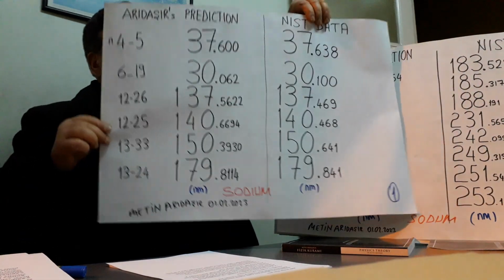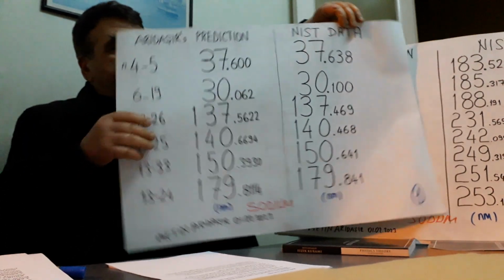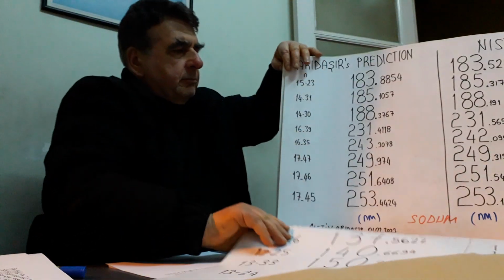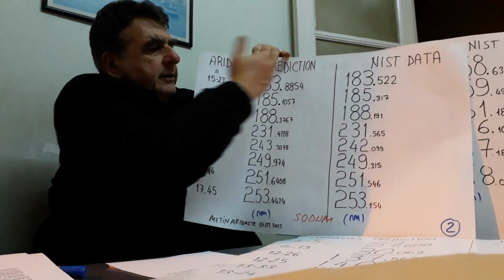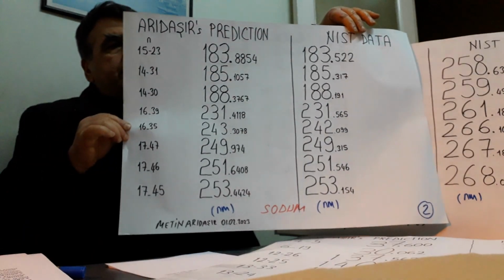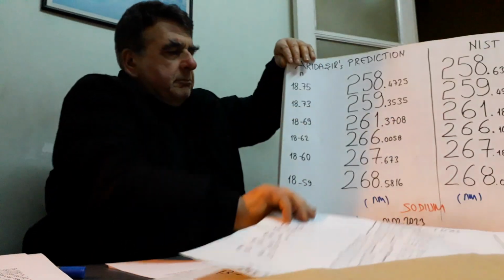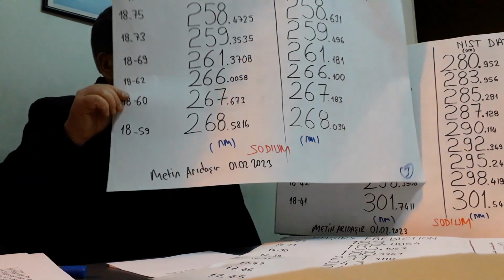Here, snapshot, first page. Right side NIST data, left side my computations. Second page. Right side NIST data, left side my computation.